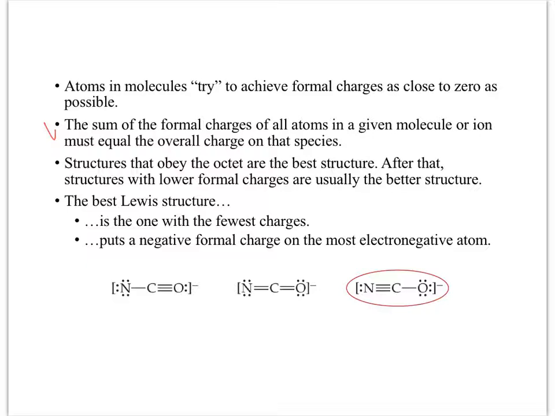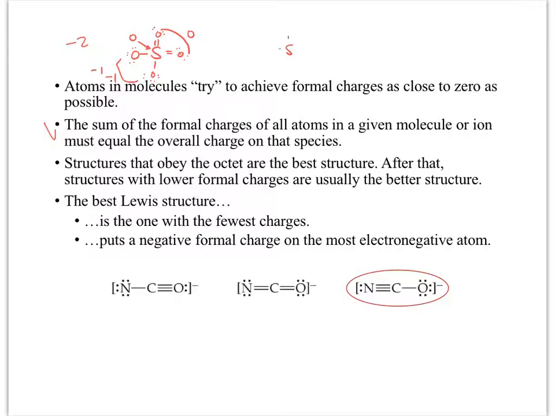So for those sulfates, you had this possibility where this was a 0, these were each 0s, and these were each -1s. So if I added all these formal charges together, it would add up to -2, which is the charge of the sulfate ion.